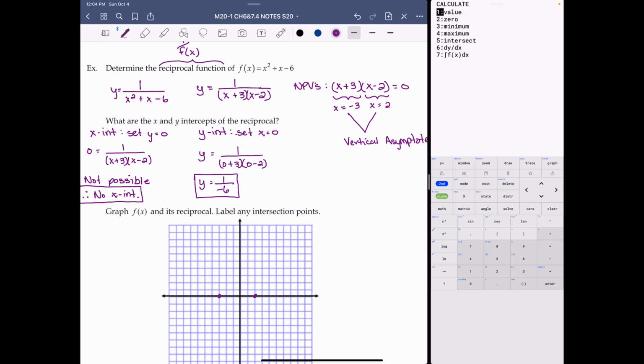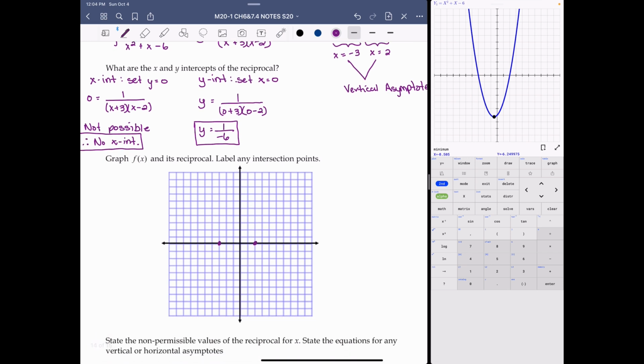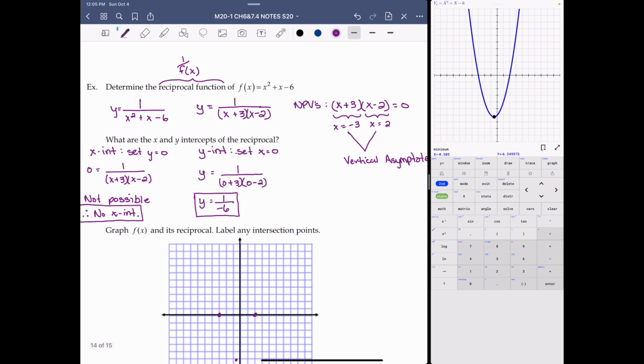Second trace, let's find the minimum value, number 3, left of the minimum point, right of the minimum point, and it tells me it is x equals negative 0.5 and y is negative 6-ish, about there. And then our y-intercept for the original function would be negative 6, the constant value.